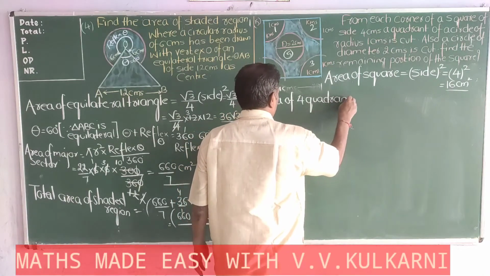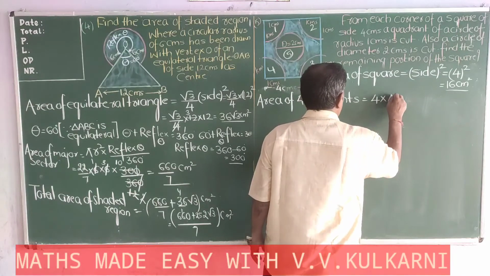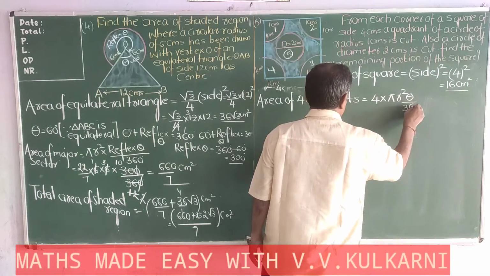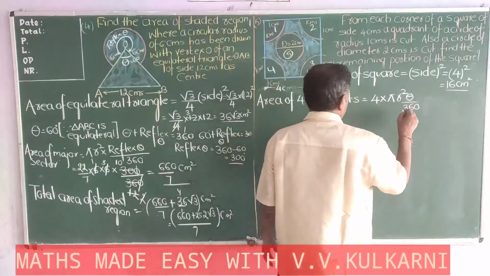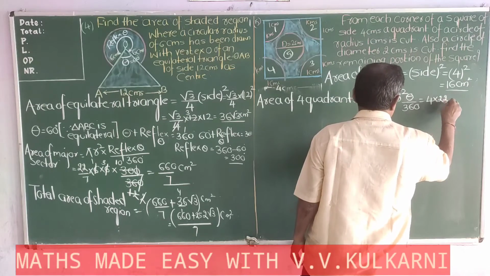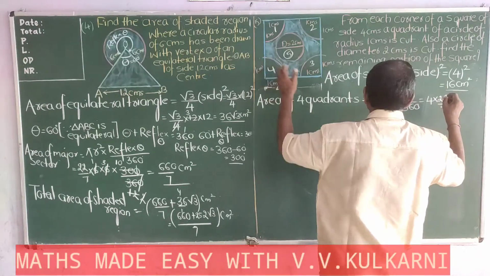If you want the area of 4 quadrants, then that is 4 into pi r square theta by 360. So here, if you simplify it, 4 into 22 by 7 into radius. Radius given to you is 1 centimeter.